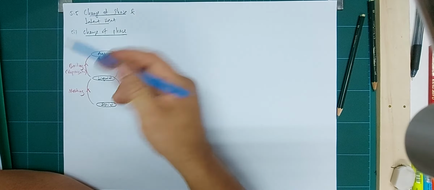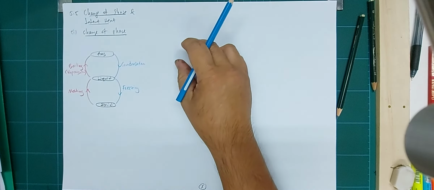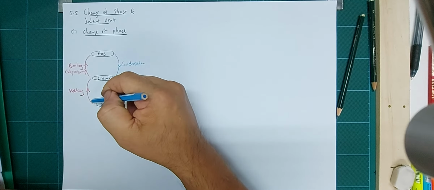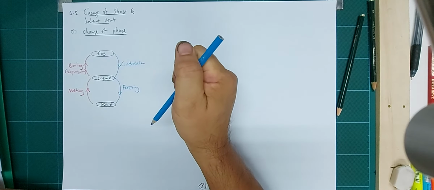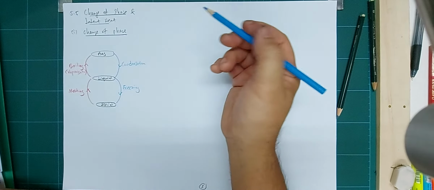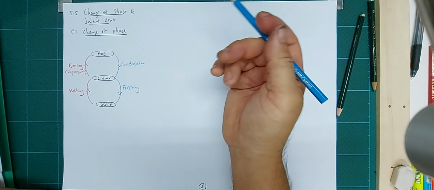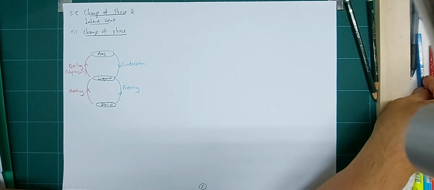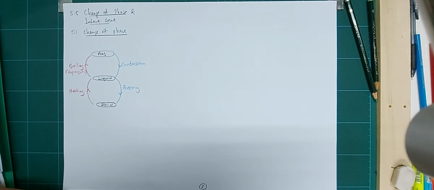But of course we have some other process that is directly without passing through liquid. For example, from solid, you heat it up and it directly turns into gas, like iodine. That process is called sublimation. We don't calculate sublimation here because it's not a simple process, so we only look at these four.